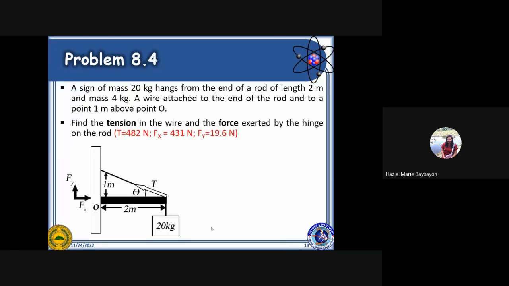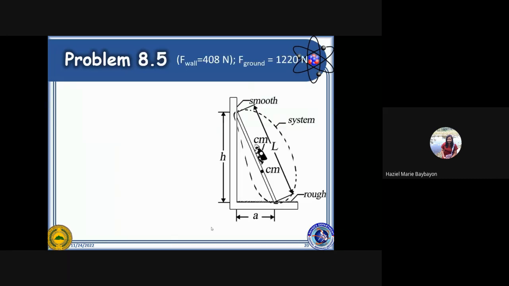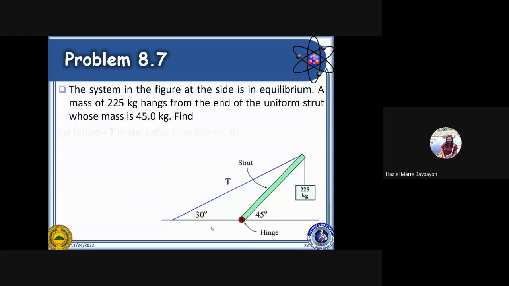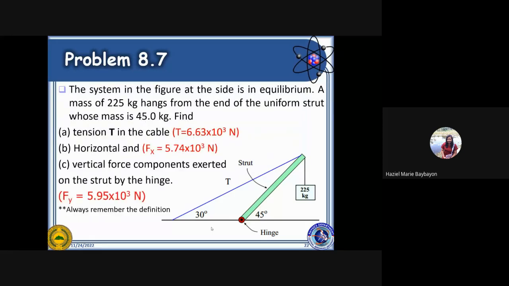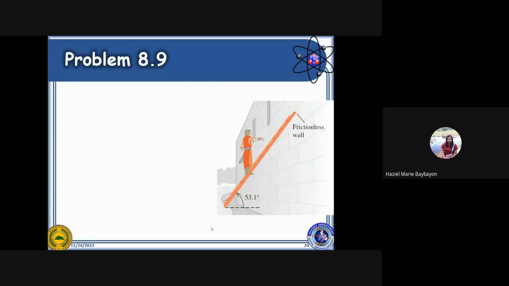Okay. So for your assignment, class, kindly answer problem 8.8.